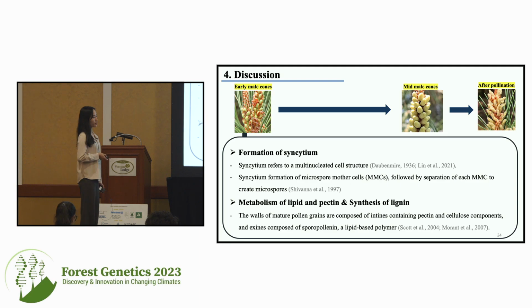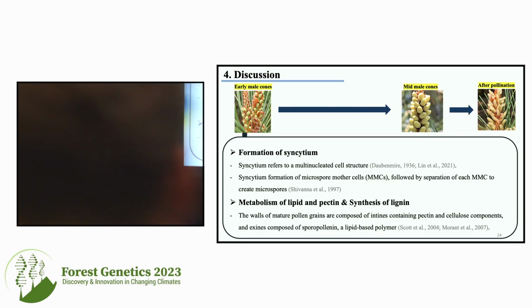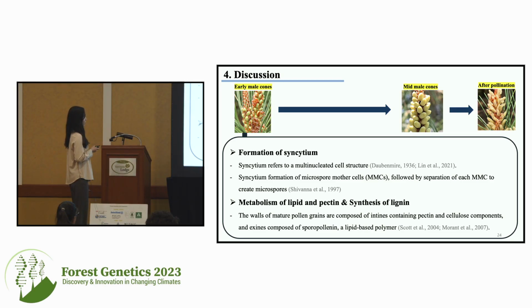In the case of male cones, some different processes were predominant in the early stage of male cones compared to the later stage. Syncytium refers to a multinucleated cell structure. And a major structural process in early pollen development is the syncytium formation of microspore mother cells, MMCs, followed by separation of each MMC to create microspores.